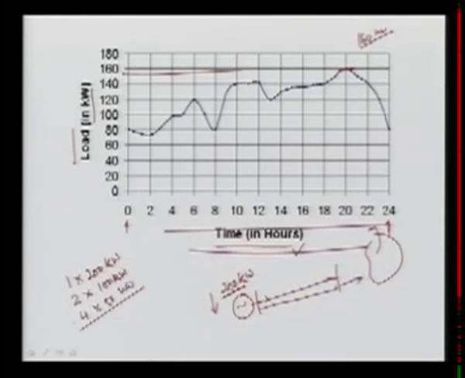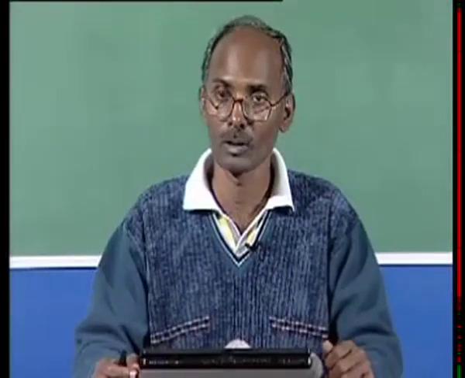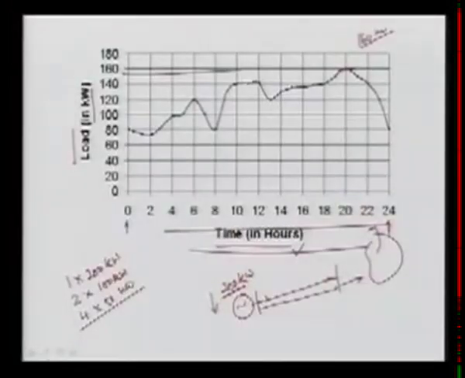Now the question is, which one will be better? Take the example that at certain durations the load is less, equal to half of capacity. At 8 a.m. in the morning, the load is only 80.